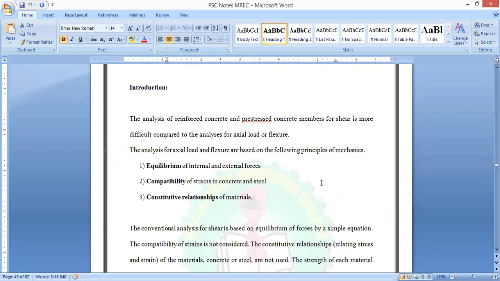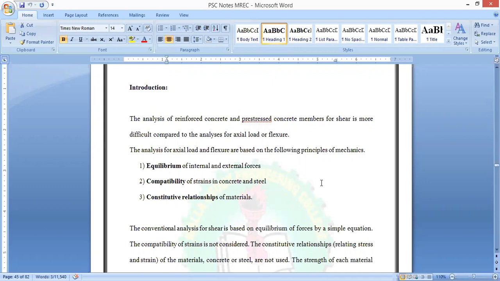In that way, the analysis for axial load and flexure is based on different principles. What are those principles? First is equilibrium of internal and external forces, which we already discussed in analysis of prestressed concrete beams towards flexure. Next is compatibility of strains in concrete and steel. And the third is constitutive relationships of materials.